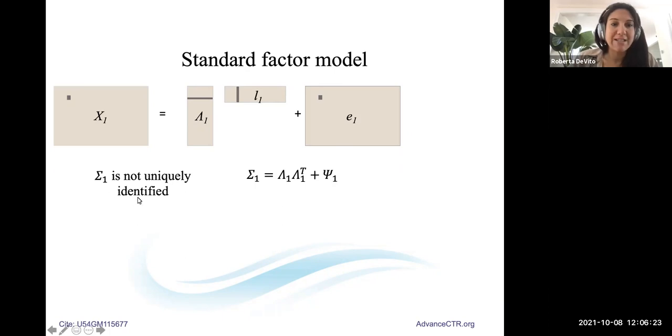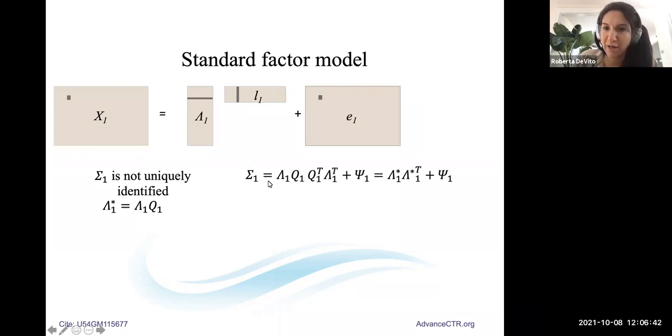The problem arises since this decomposition is not uniquely identified, and actually we can put many different orthogonal matrices here that will bring us to the same decomposition for sigma 1.